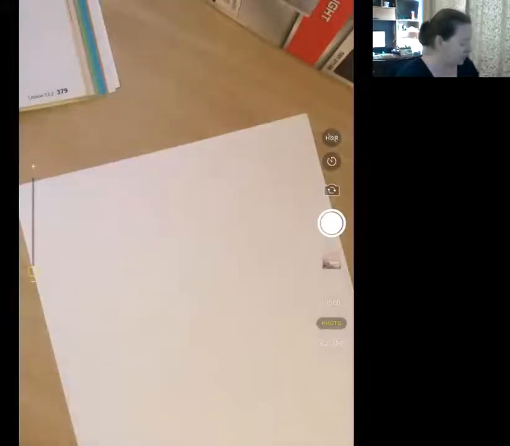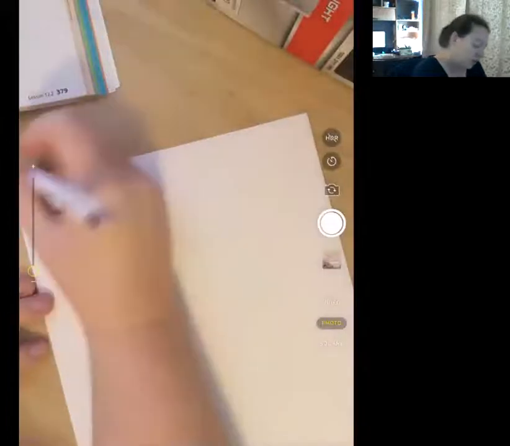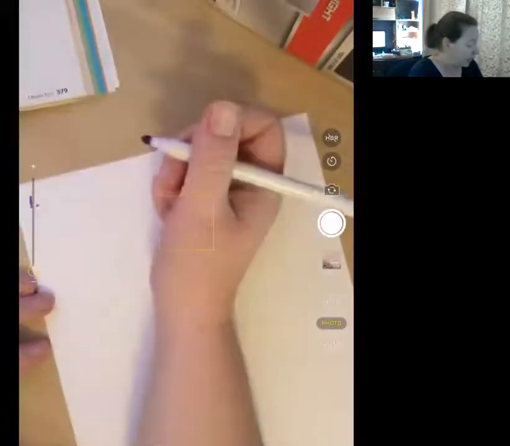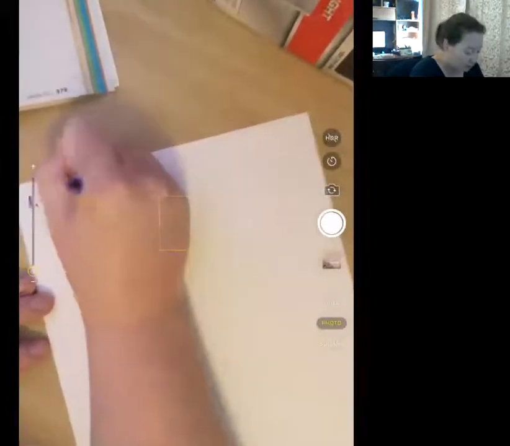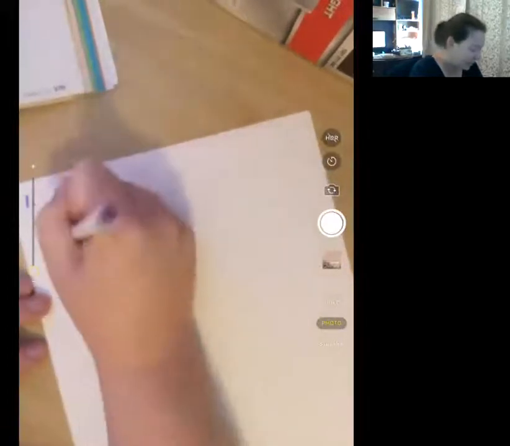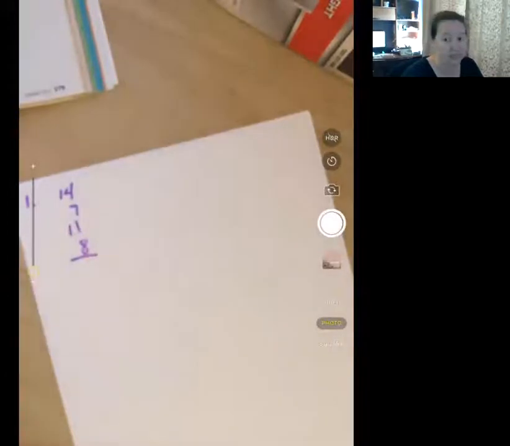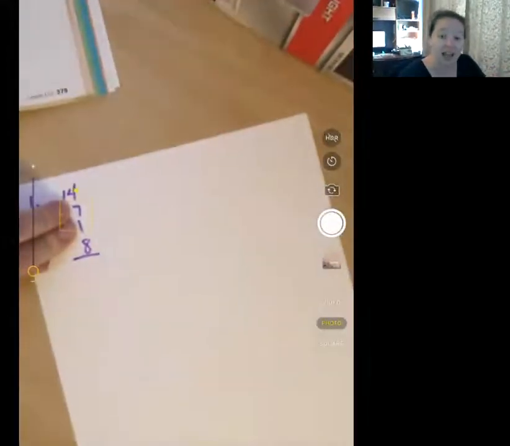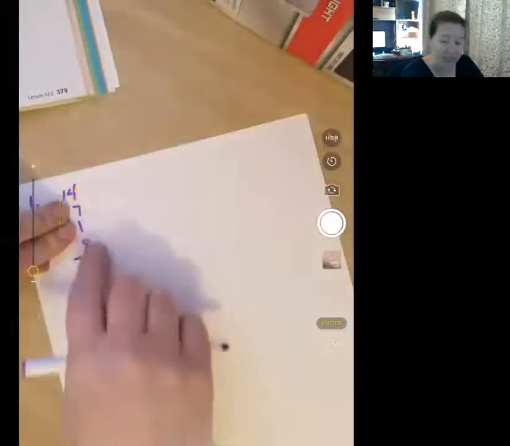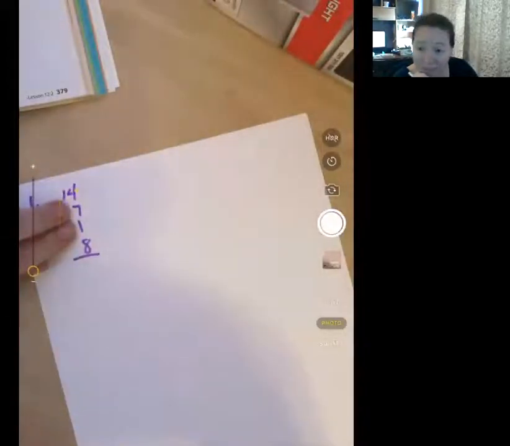Okay, so it doesn't tell us how many times they did it. So that's the first thing that we have to figure out before we can figure anything else out. So this is number 1, and we are given the values of 14, 7, 11, and 8. Okay, so I'm going to put the 7 with this 1, and I'm going to say that makes 8. And then 8 plus 8, which is 16.